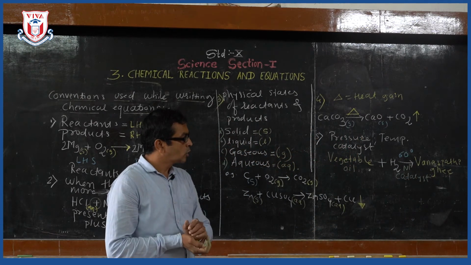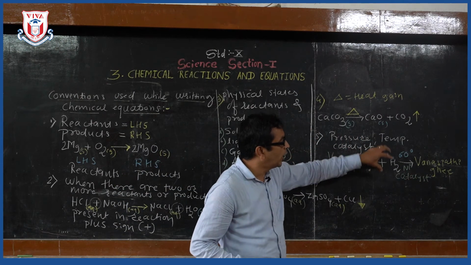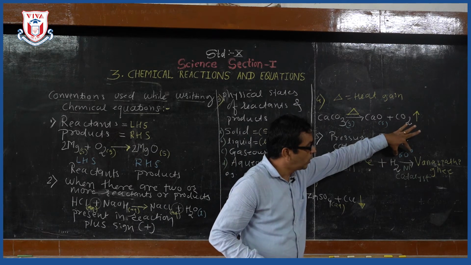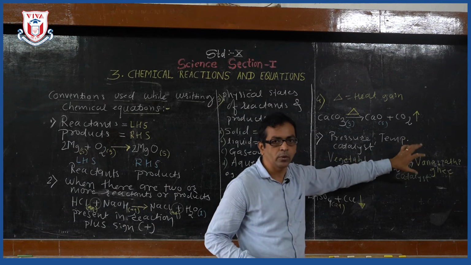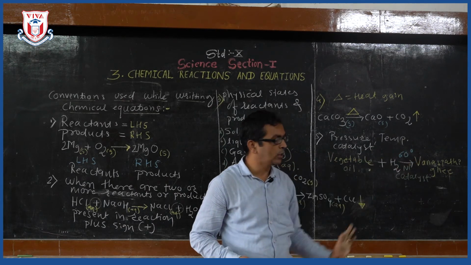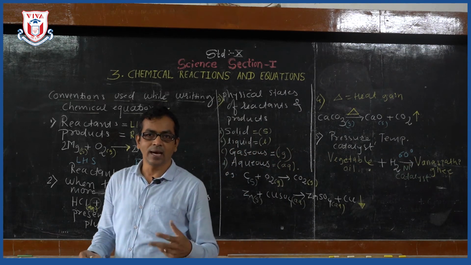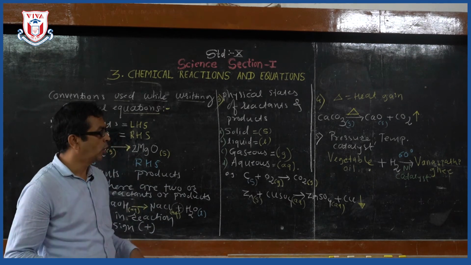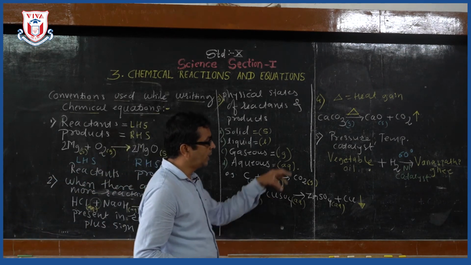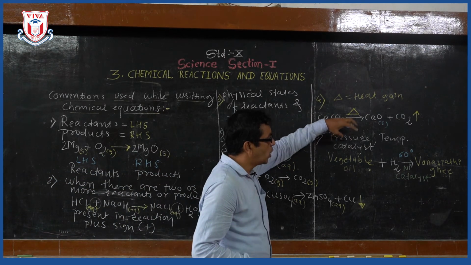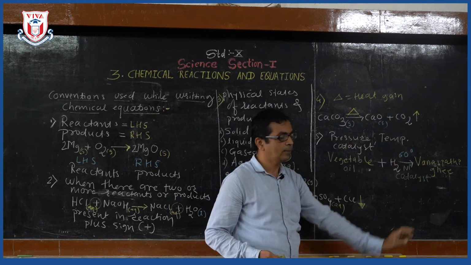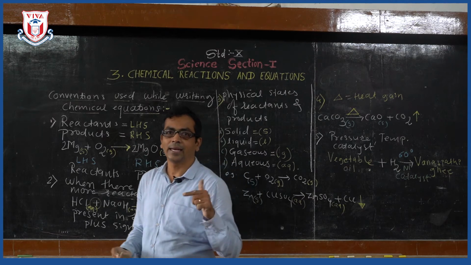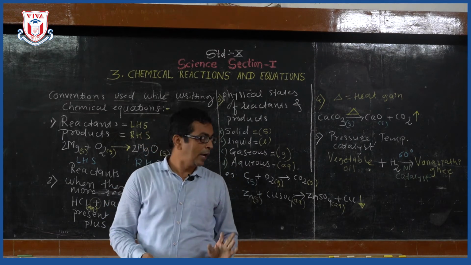Okay, so that heat you have to specify on or below the arrow, heat or catalyst, whichever you use, you have to mention on the arrow. That is our next convention, or you can say the next rule. So whenever you have to write the pressure, temperature, or catalyst, you have to write it on the arrow. I hope it is clear.